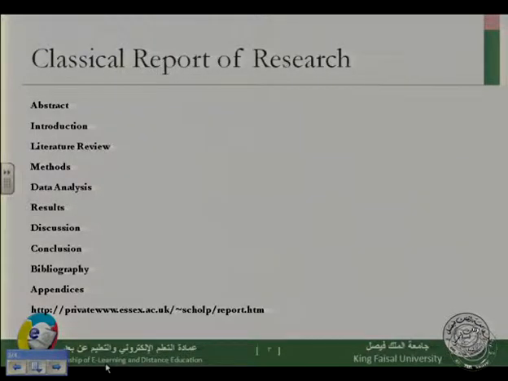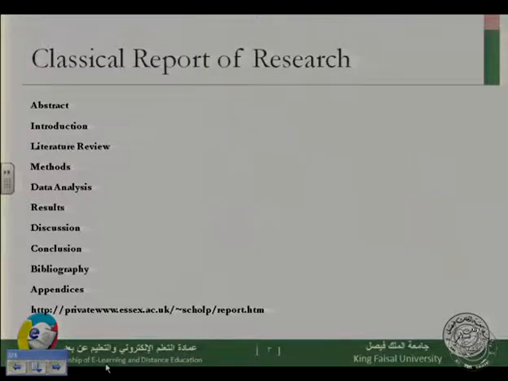Articles, usually we find them in journals, and sometimes online. They are very short, not lengthy, very specific, and you would see they consist of the same items here. They start with abstract, introduction, literature review, but they are very concise.